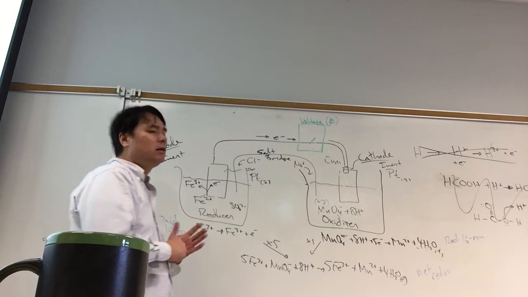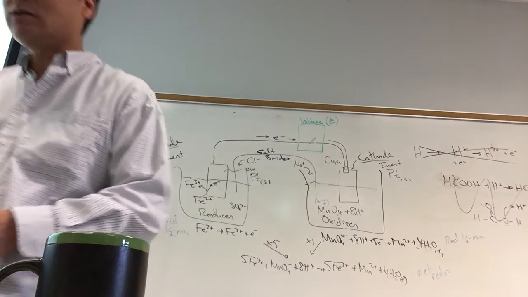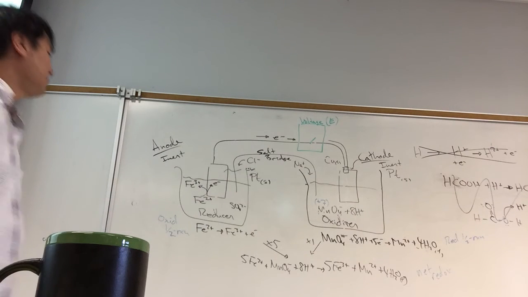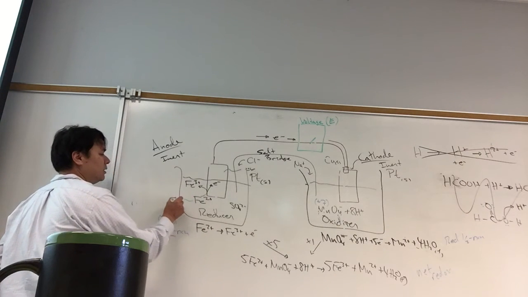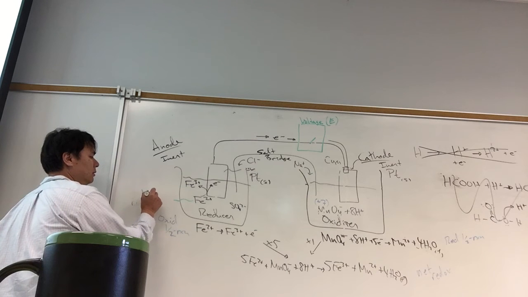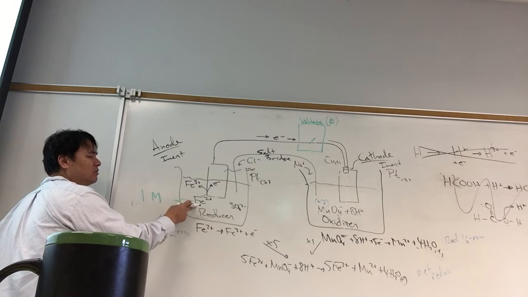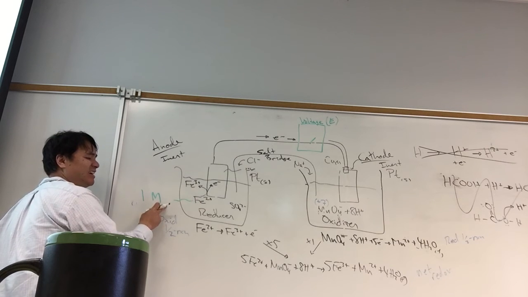Then we're done. Then what we're going to do is do this under standard conditions. What does it mean under standard conditions? Yeah, we need everything to be all ones. And so that means the iron 2 plus over here, we need to make sure is 1 molar. But not only do we have to have the iron 2 plus at 1 molar, we also have to have what else at 1 molar?